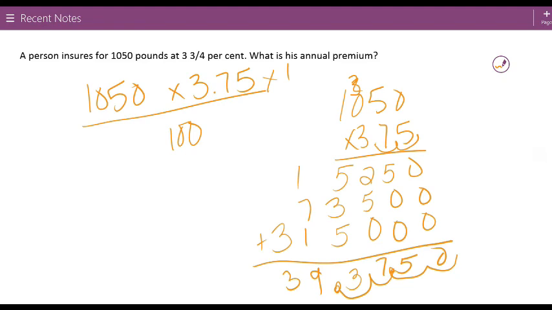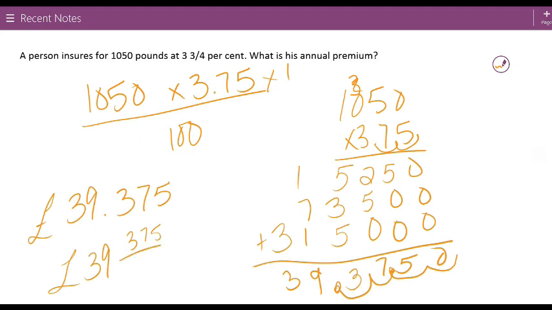Not that you can't convert it, but it is easier to convert from pounds to shillings if you have fractions, but it's not my main concern at this point. So we have 39.375 pounds, or of course you could write it as 39,375 over 1,000 and convert from there.